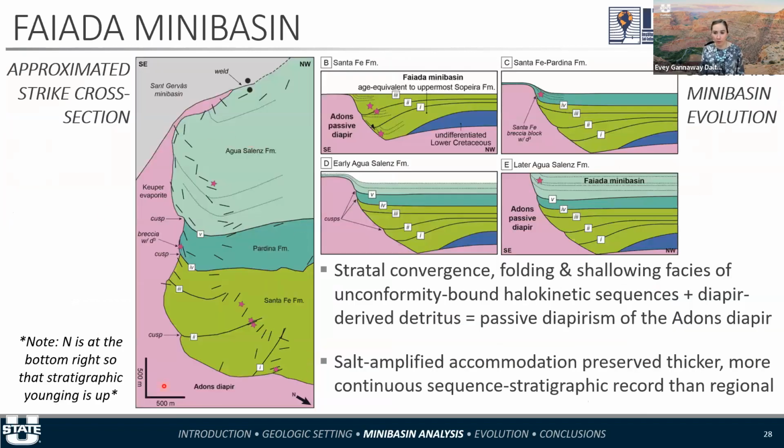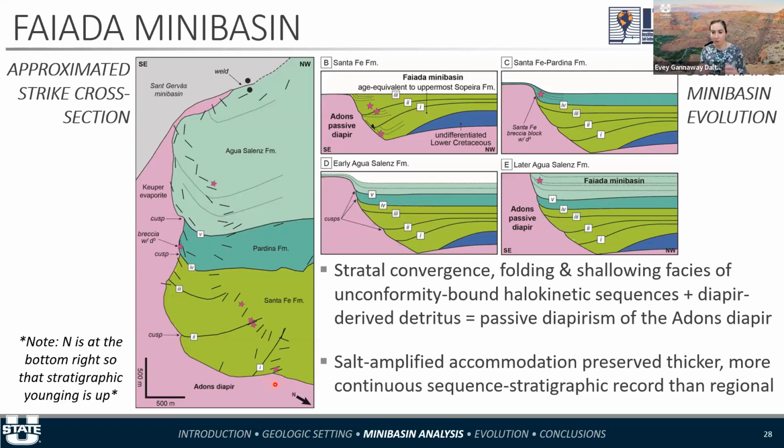So again, here we've rotated the geologic map of these steeply dipping Fayada mini basin strata to approximate a strike section. Good time to point out again that we have another significantly expanded section. This time it's our Santa Fe formation, about 1,000 meters thick here versus only 200 in the Sopera and Sant Gervas mini basins.